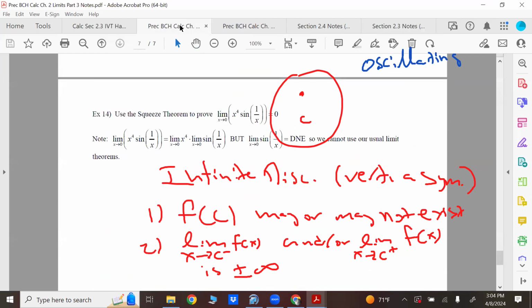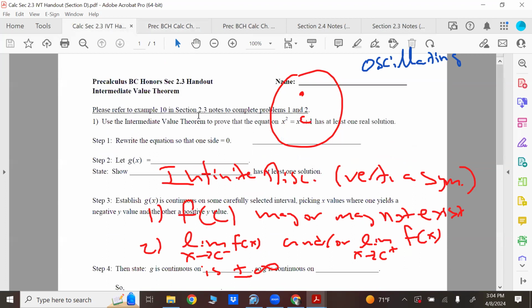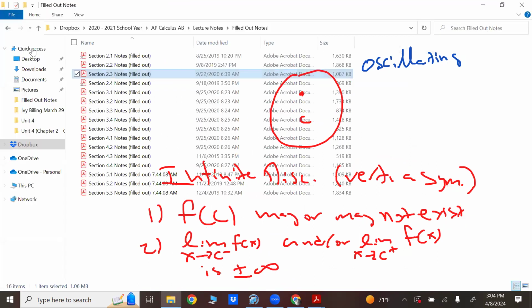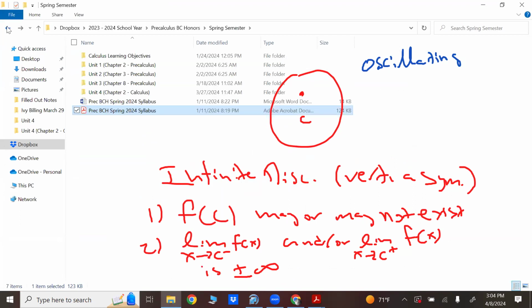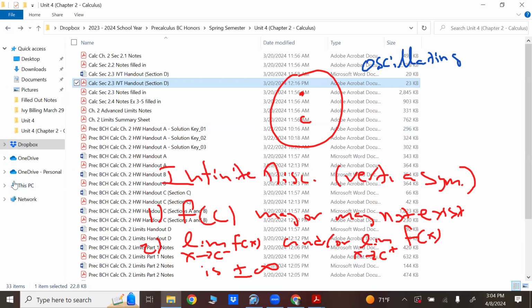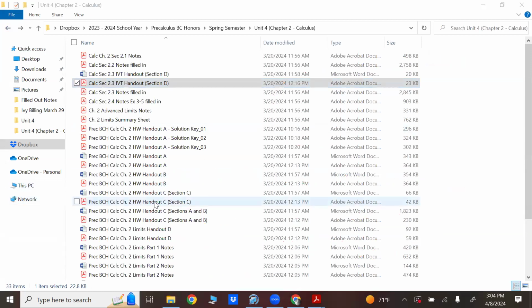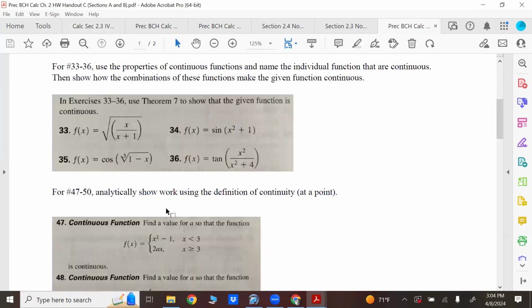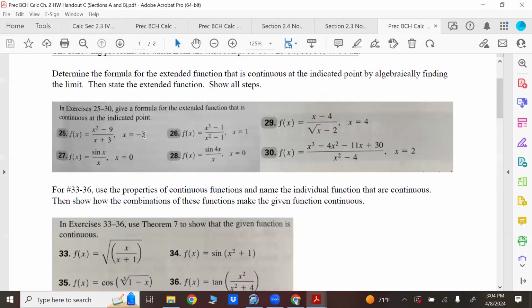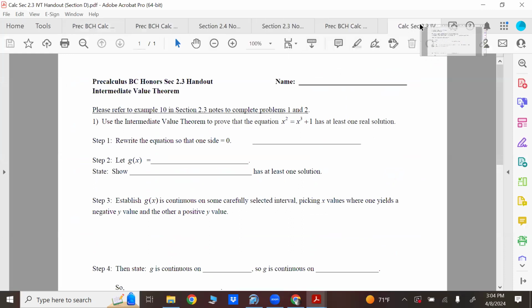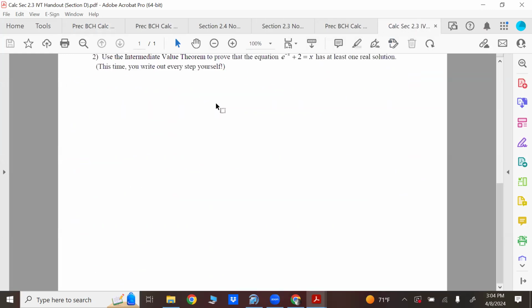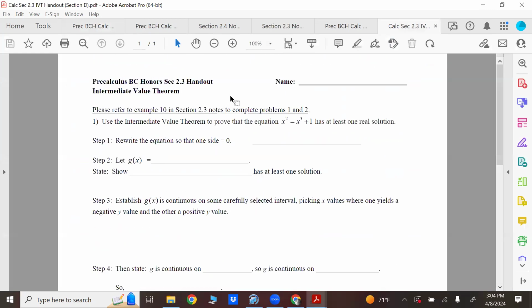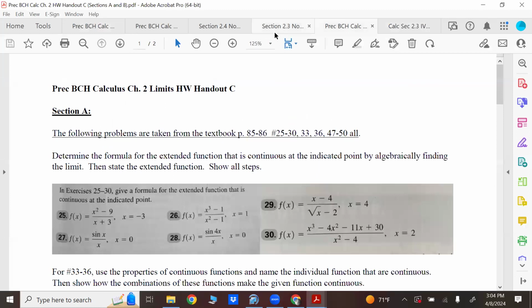For Wednesday, I think I'm going to have you guys do sections A and D of handout C. So if we look at handout C, I want you guys doing all of section A, and then the IVT one, all of section D. Yeah, that's the homework. I'll post it to School G.